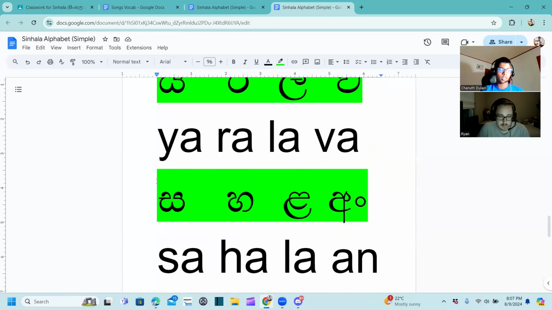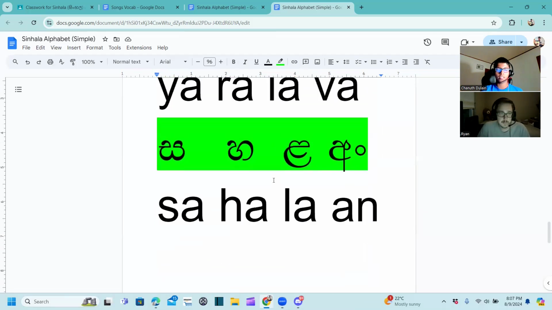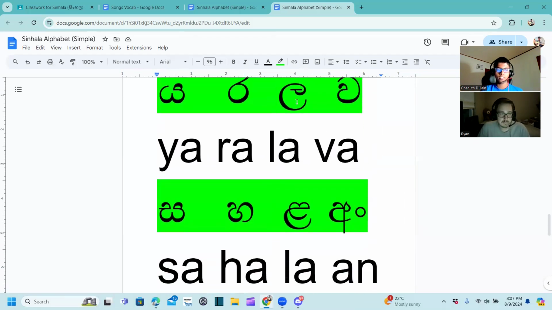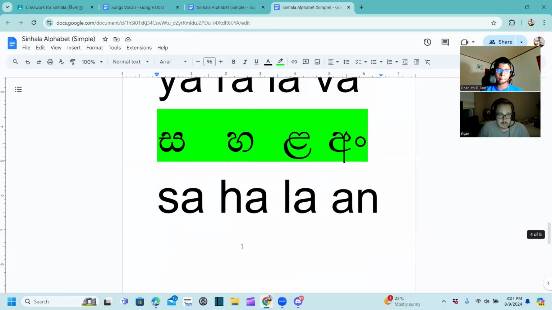So today we're gonna learn these three letters, and basically we learned it. So sa, ha, and la. Notice these make a similar sound, but it actually changes the meaning whenever we put it in a word.